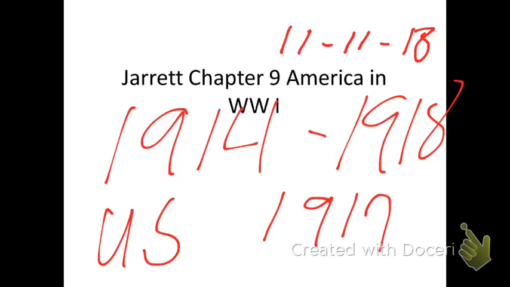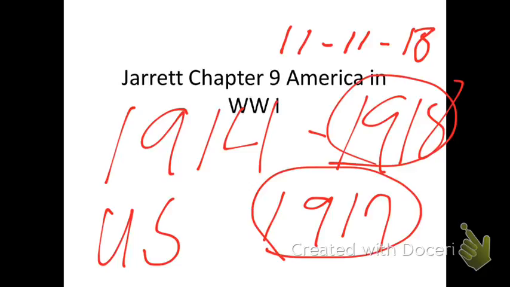So we entered the war in 1917, just really about a year and a half, give or take a few weeks, prior to the end of the war. Our infusion of manpower, weaponry, enthusiasm helped turn the tide of the war in favor of the Allies. Anyway, let us begin.